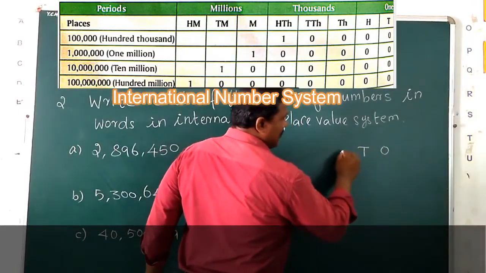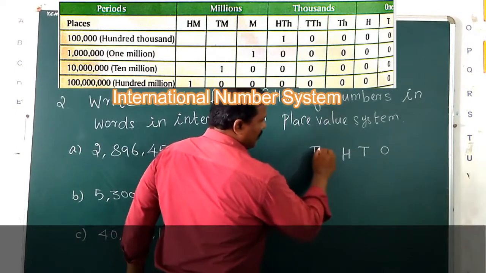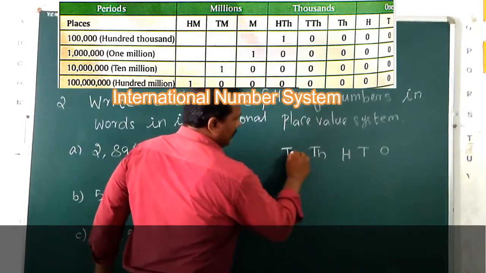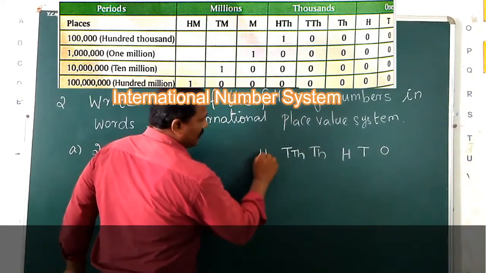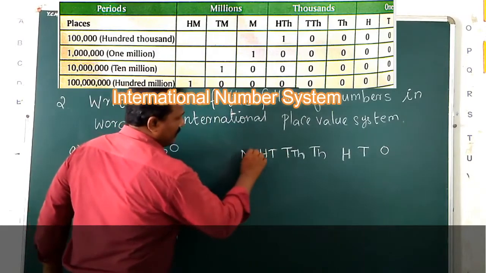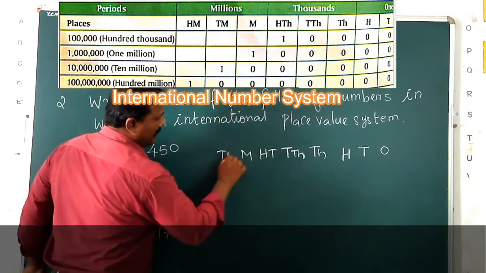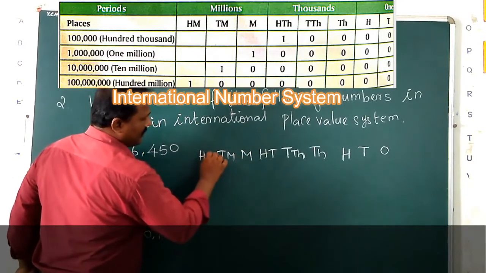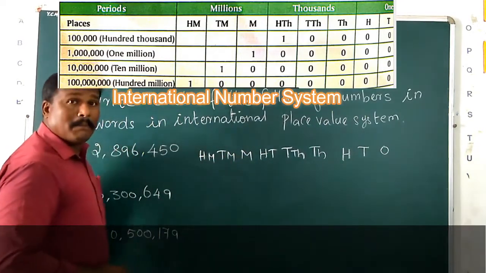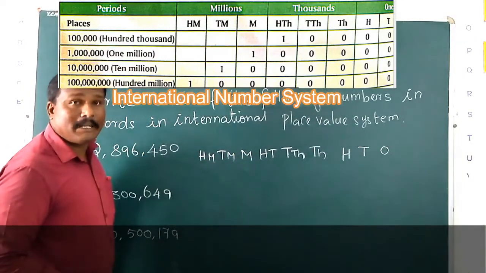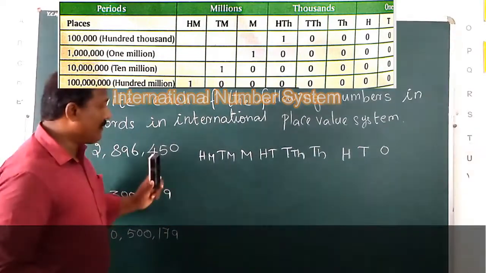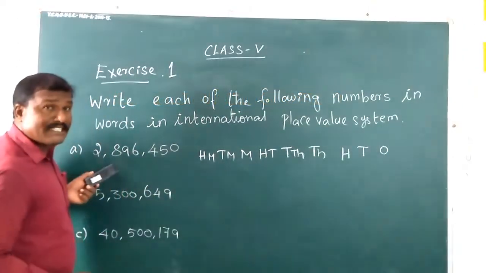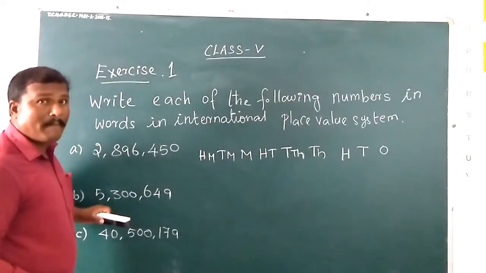Ones, tens, hundreds, thousands, ten thousands, hundred thousands, million, ten million, hundred million. So these are the place values of the international number system. Now I want to convert this number into word form.